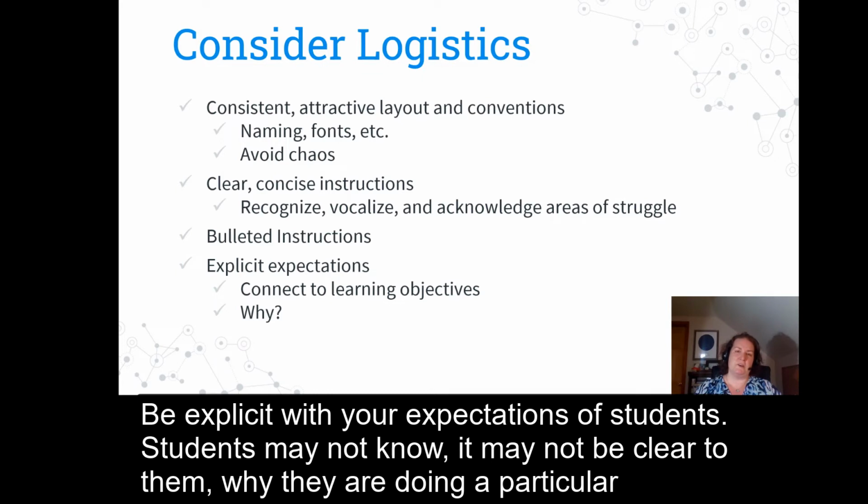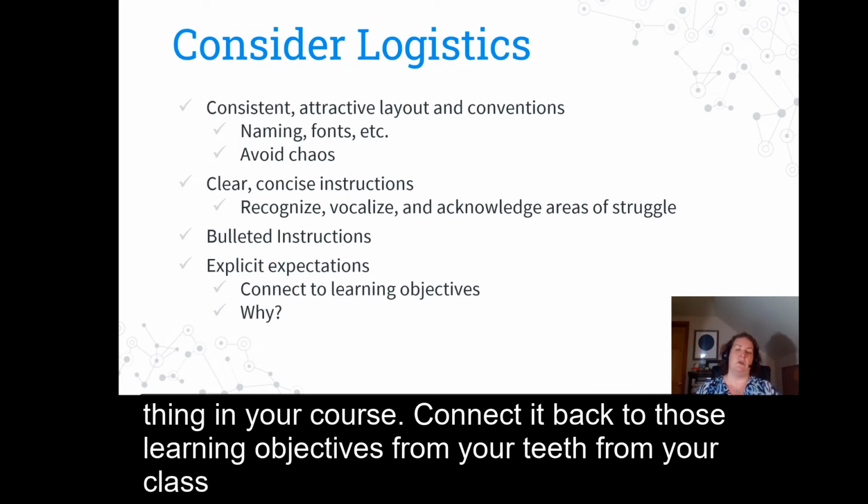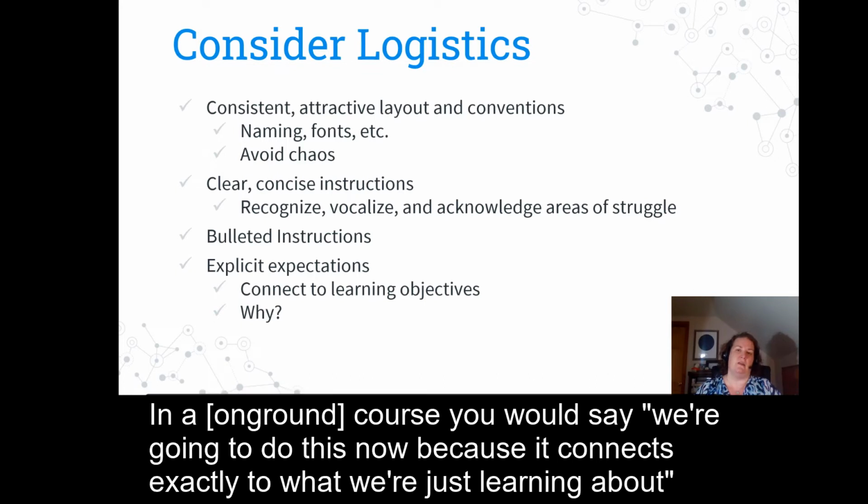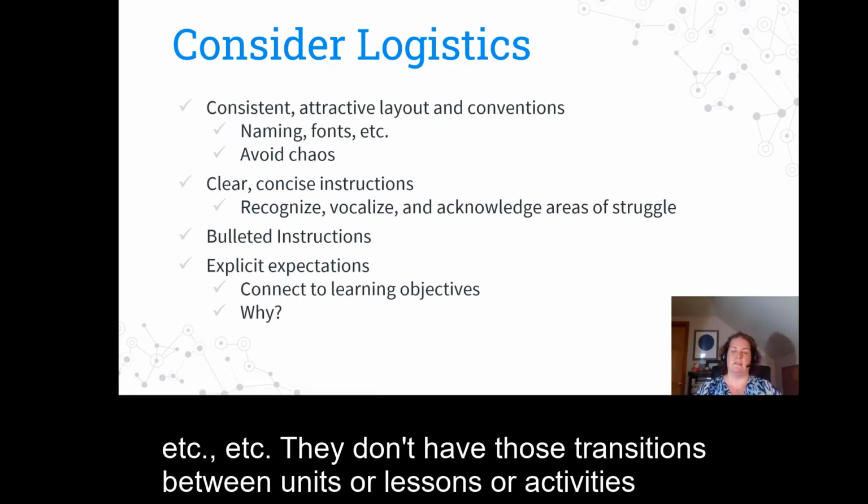Be explicit with your expectations of students. Students may not know, it may not be clear to them why they're doing a particular thing in your course. Connect it back to those learning objectives from your class, but also be explicit as to why they're doing this particular thing. In a classroom, you would say, we're going to do this now because it connects exactly to what we were just learning about, et cetera.